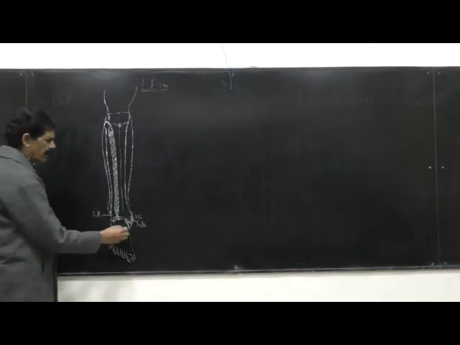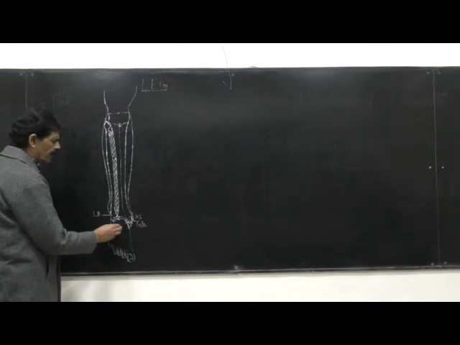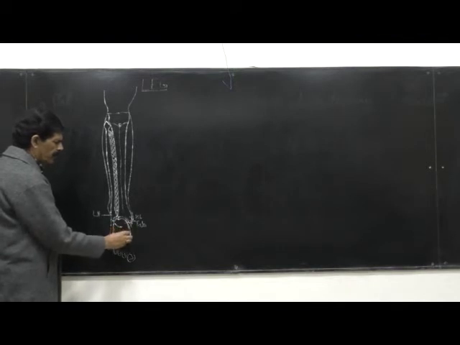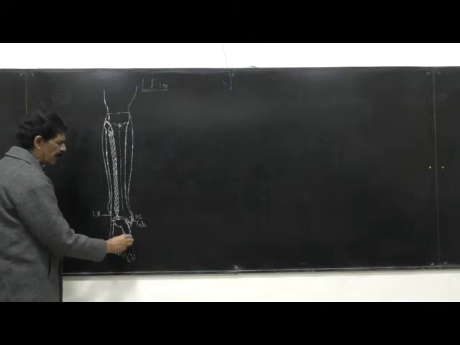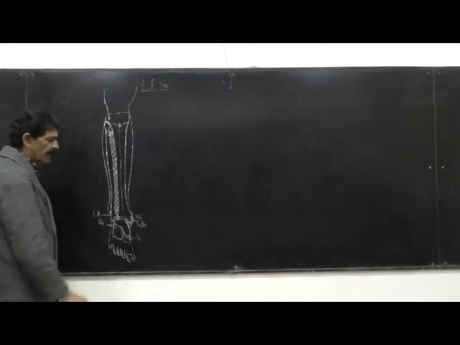And the talus, the inferior surface, articulates laterally with the calcaneum bone, and the medial part of the talus bears a head of the talus with an anterior articular facet, which articulates with the boat-shaped bone, that is the navicular. And this is the calcaneum bone on which the talus is resting.